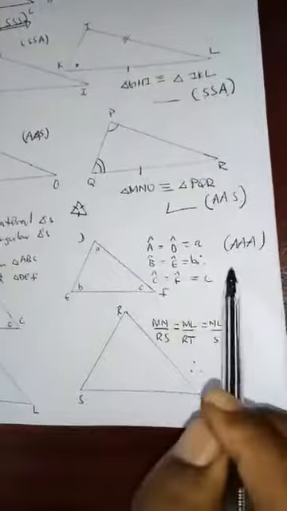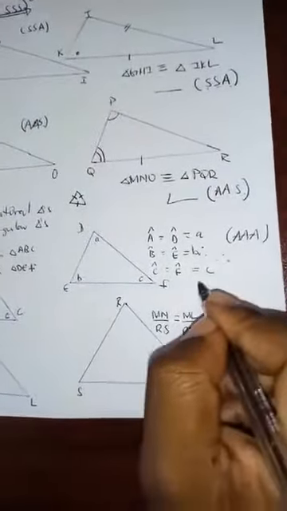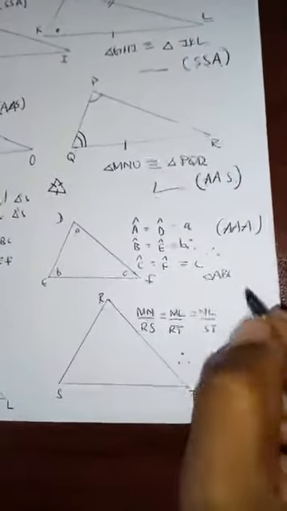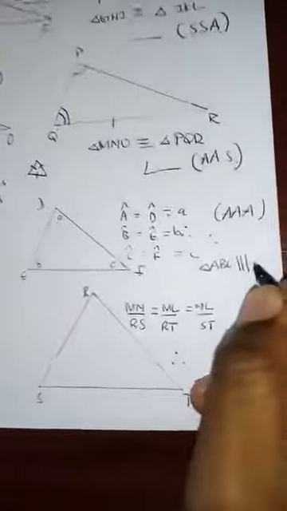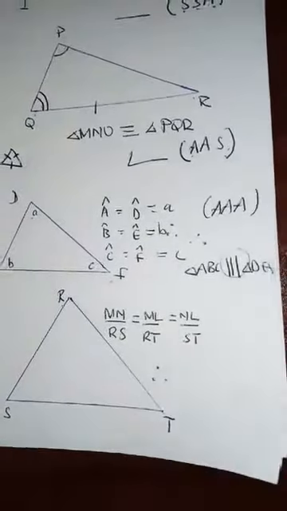Then these are equiangular and they are similar. Therefore we say triangle ABC, and the sign for similarity, is similar to triangle DEF. So that's how we write similarity.